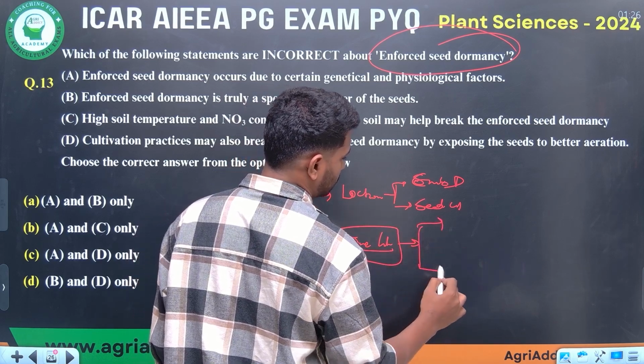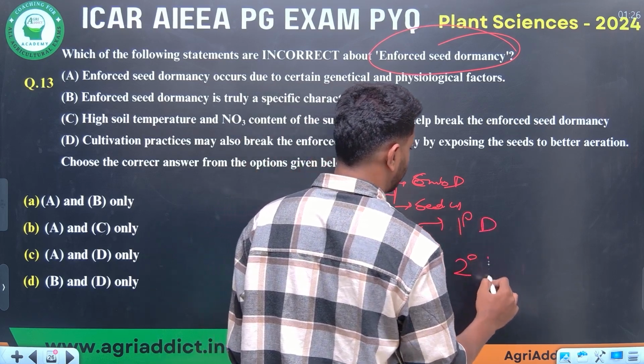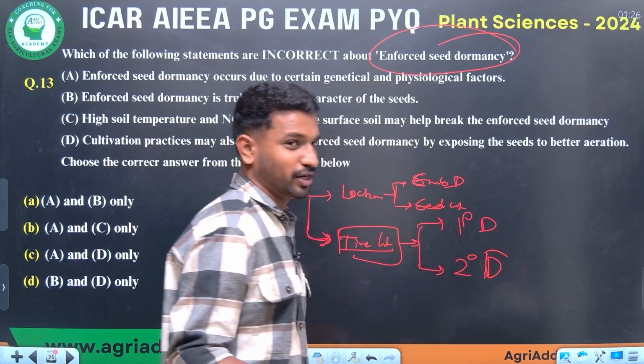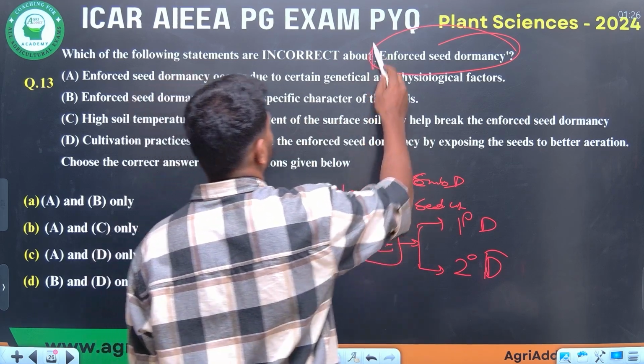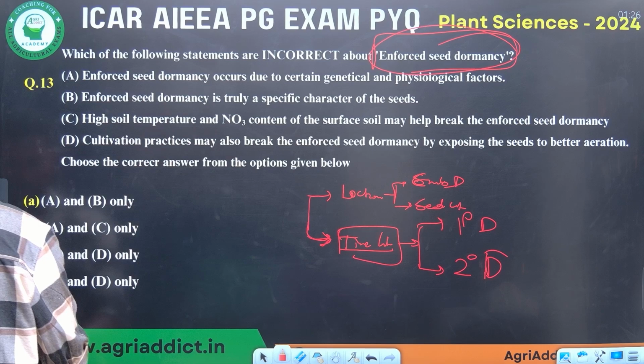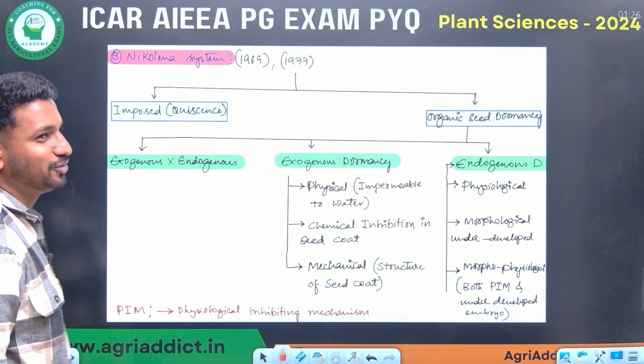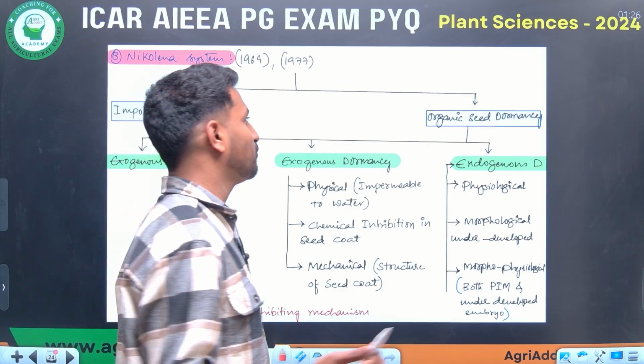The other one was regarding primary dormancy and secondary dormancy. So this is what I discussed in the previous slide, but we got a new term. What is enforced dormancy? To know about this, we have to go back and read the other classification out of the 4 which were given.